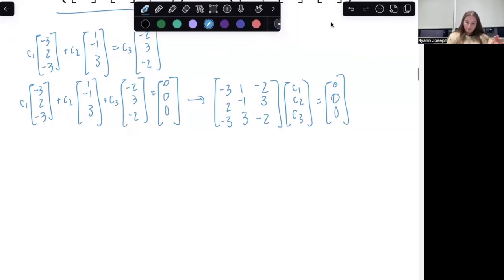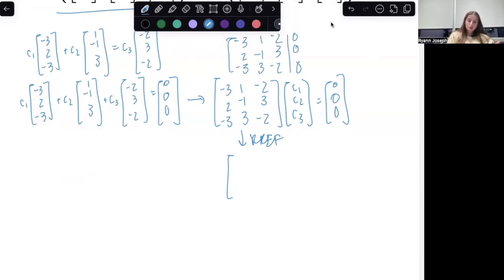So we can do that by solving for the reduced row echelon form of this augmented system: -3, 2, -3, 1, -1, 3, -2, 3, -2. Augment that with the 0 vector and do the reduced row echelon form. I get 1, 0, 0, 0, 1, 0, 0, 0, 1.